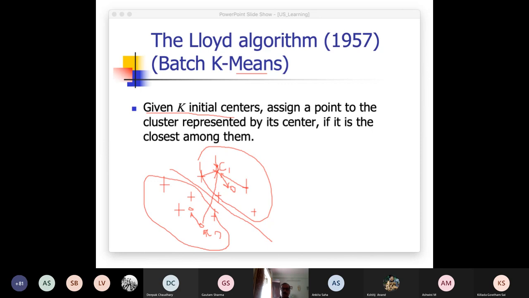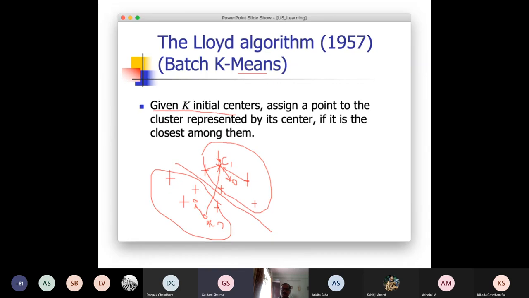Gautam Sharma. Yes, sir. So can you summarize, please? So, sir, basically, initially we will randomly set any centers, C1 and C2, let's say. For any data point, we will calculate two distances, one from C1 and one from C2, and whichever is the closest, we will assign that data point to that cluster.